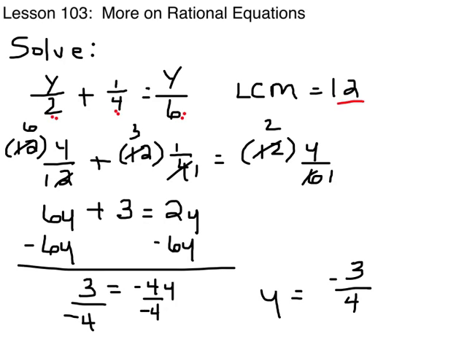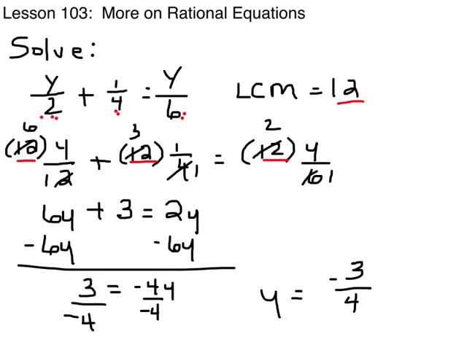Once we've determined what the least common multiple is, in this case it is 12, then we're going to multiply every term by 12 and simplify it. In this case, 2 becomes a 1 and 12 becomes a 6 because 2 goes into 12 6 times. And then we multiply 6 times y to get 6y.